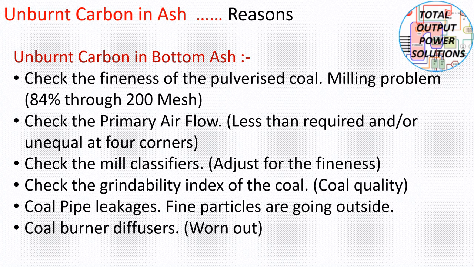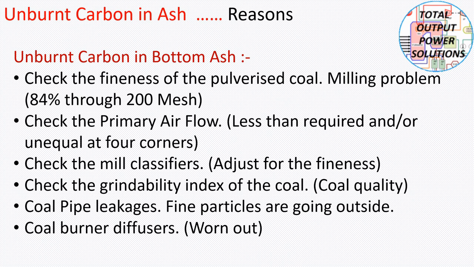Then coal pipe leakages. One more point that I wanted to bring to your notice: if the coal pipe leakages are nearer to the coal burners, then some fine particles go outside through the leakages, and only the heavier particles pass through the pipe and go inside the combustion chamber, and because of this there will be unburnt in bottom ash.